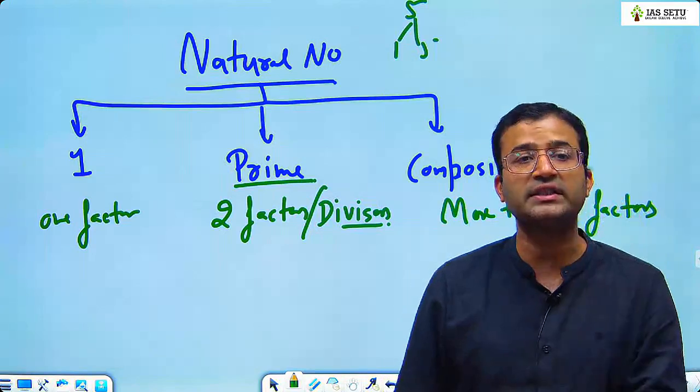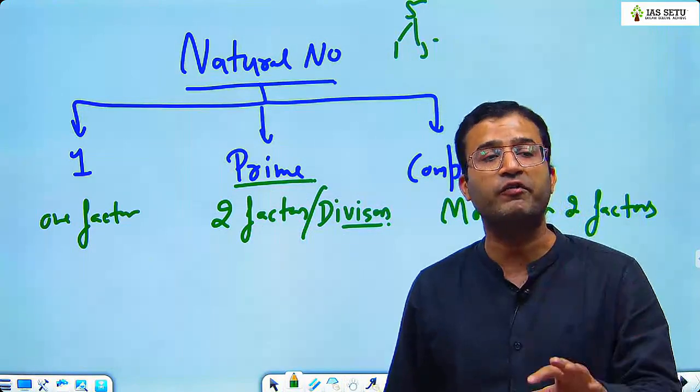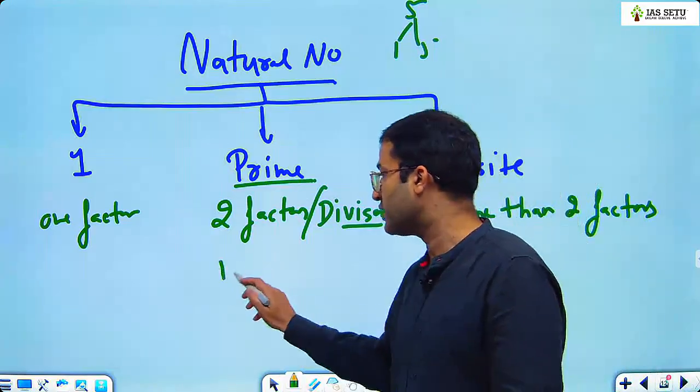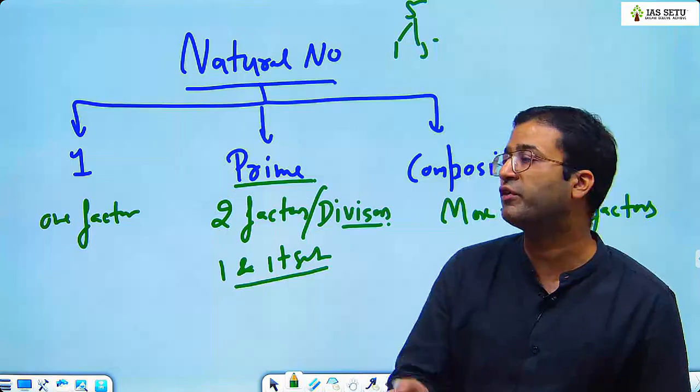So the concept here is prime number: exactly two factors, and we find these two factors are nothing but one and itself only.